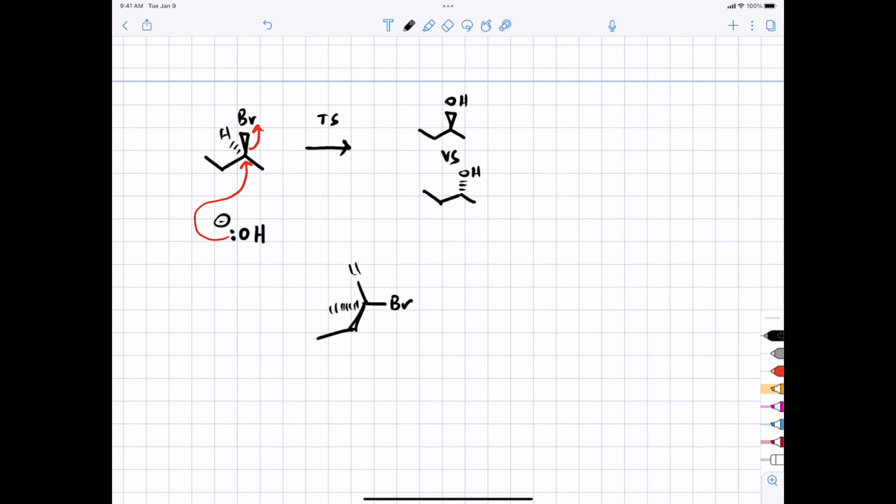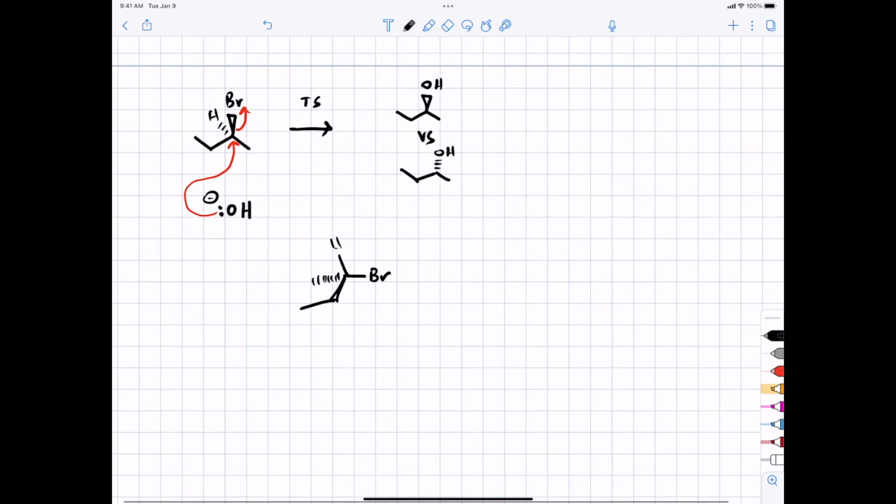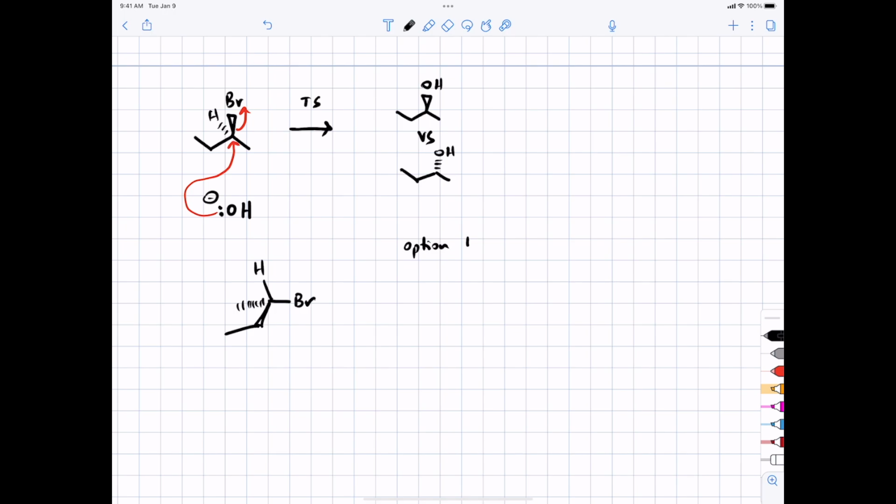Okay. So you can imagine two possibilities for a transition state. One in which the nucleophile comes in from behind the breaking carbon bromide bond. We will call that backside attack.